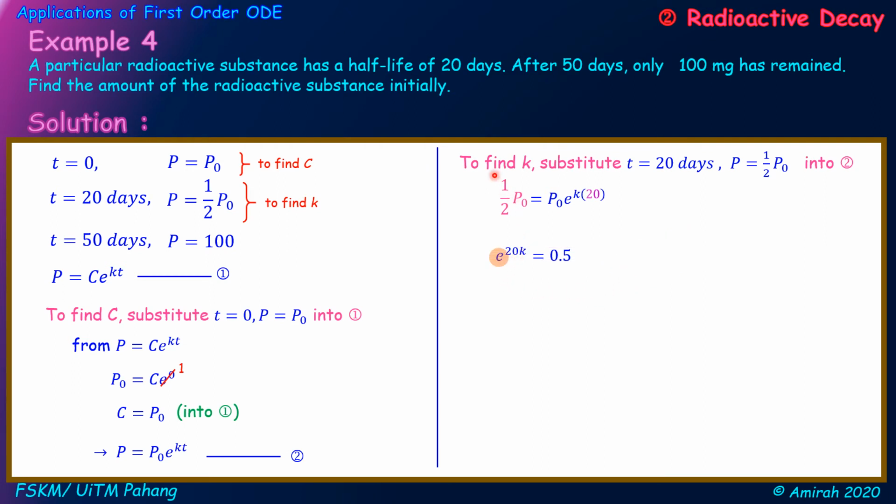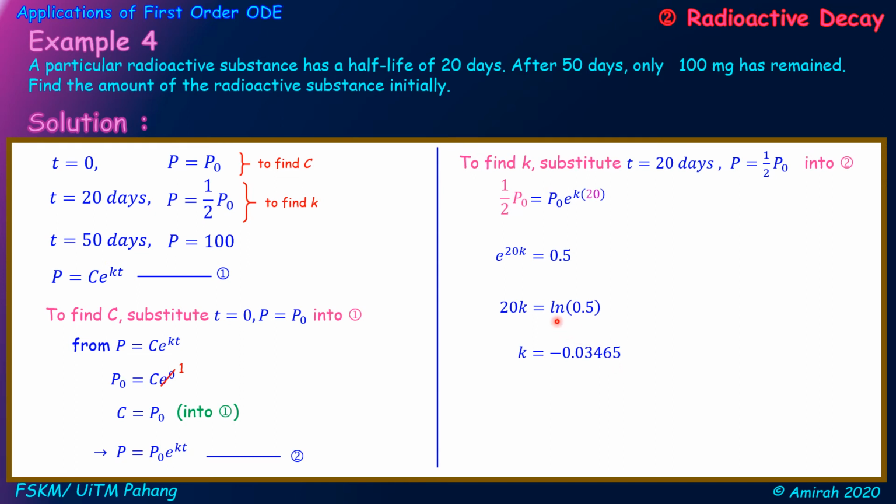Okay, and then to find k, we need to move e to the right hand side. So when we move e to the right hand side, we get 20k equals ln 0.5. Then using a calculator, k equals negative 0.03465 up to 5 decimal places.